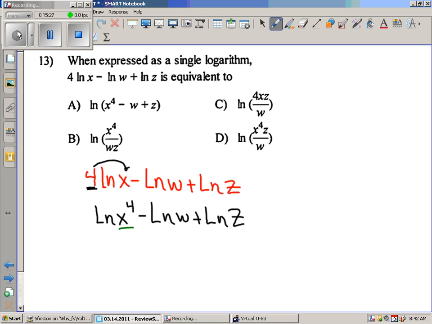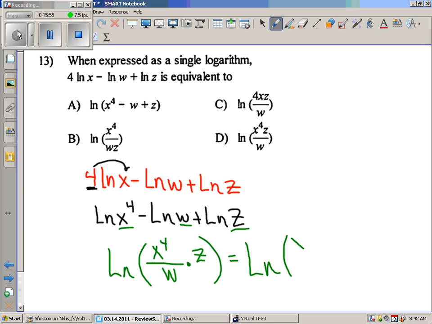So it's going to be the ln of x to the fourth divided by w times z, which is the same thing as the ln of x to the fourth z over w.